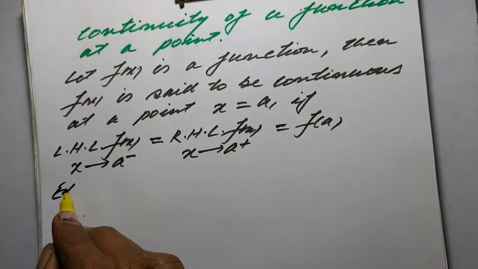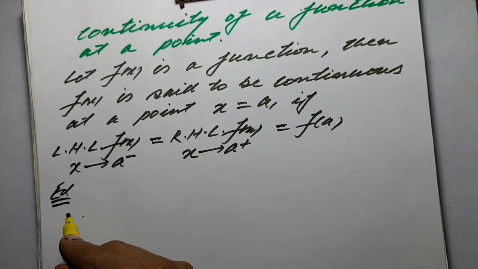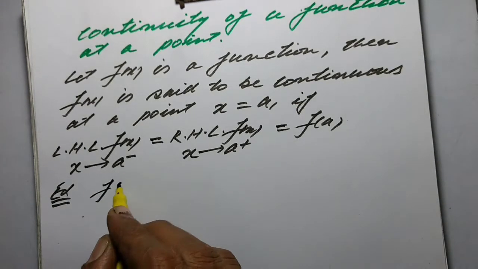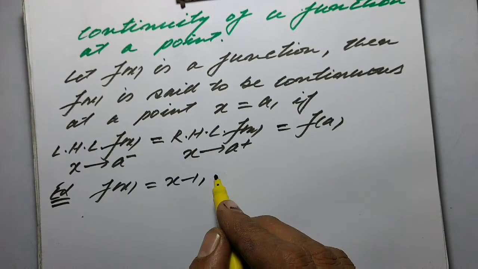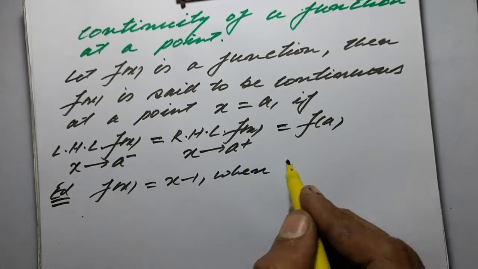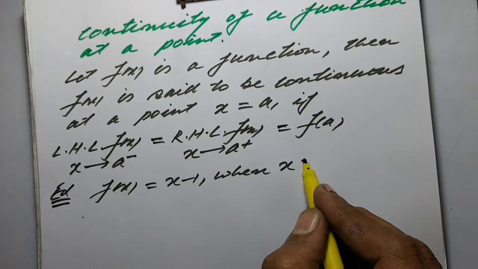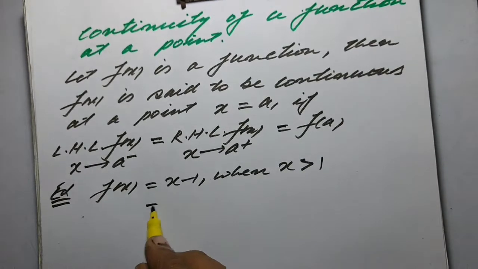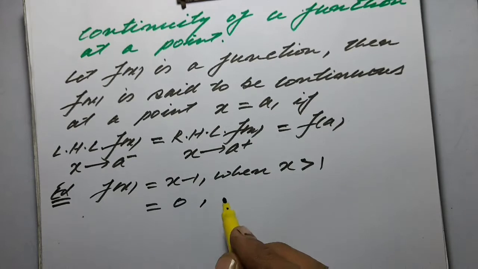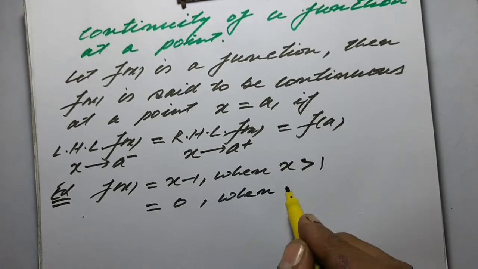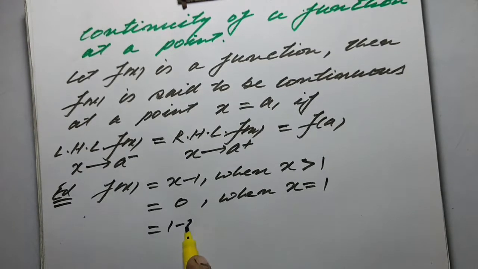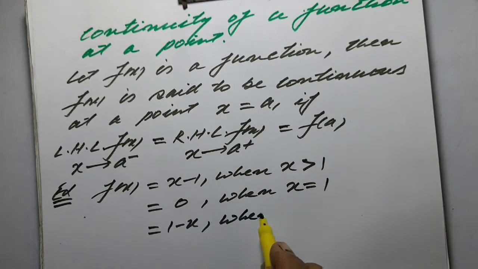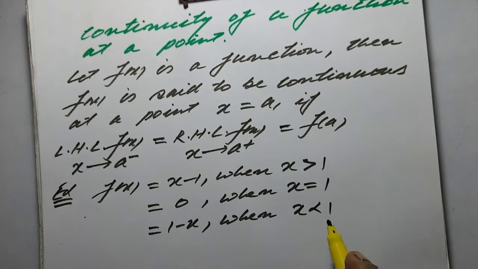Suppose f(x) is given as x minus 1 when x is greater than 1, f(x) is equal to 0 when x is equal to 1, f(x) is equal to 1 minus x when x is less than 1.